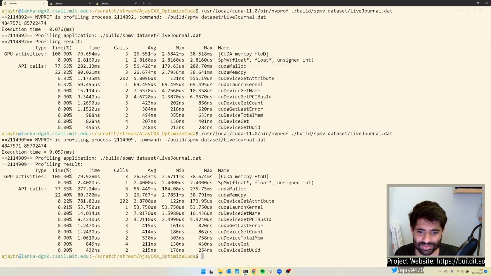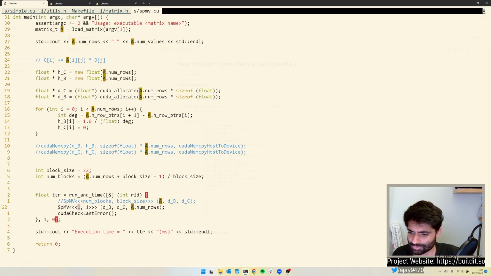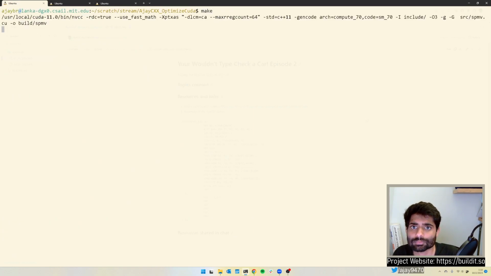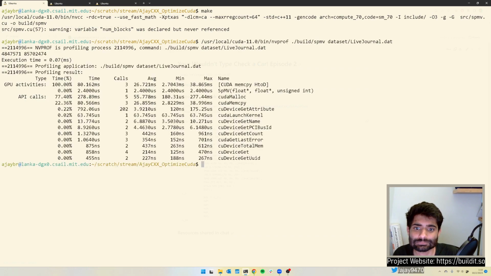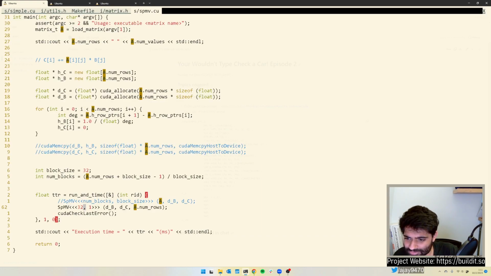Does it consistently run at least? If I run it with one, okay, it does run consistently. And if I change it to 32, I think there was some warning with the CUDA profiler not able to gather the statistics because there wasn't enough memory.